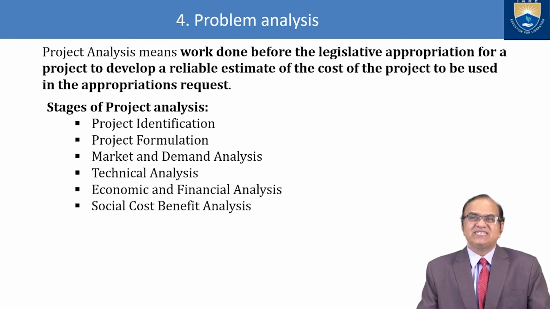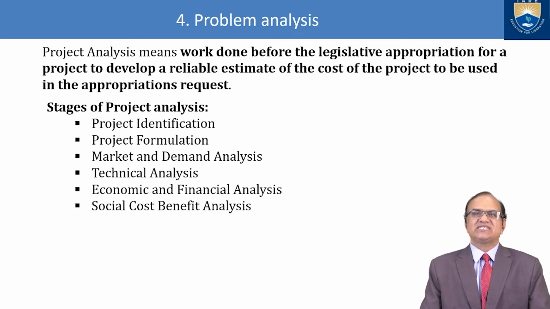So stages of the project analysis. First one is the project identification, then project formulation, market and demand analysis, technical analysis, economical and the financial analysis, and the last is the social cost benefit analysis.